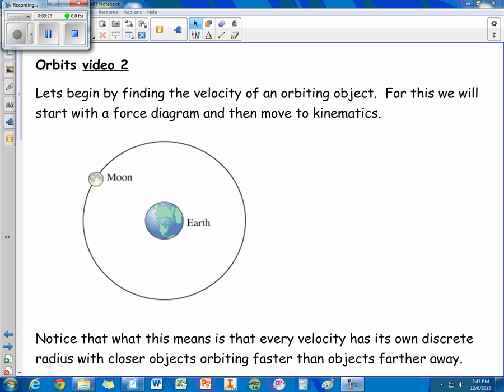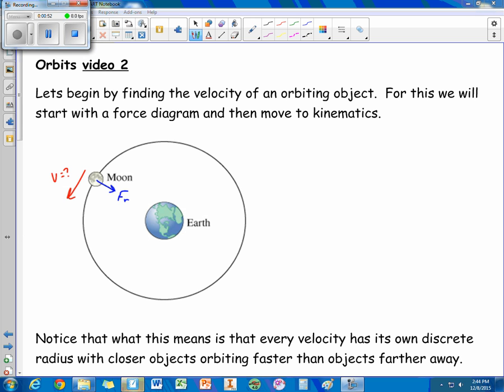All right, so let's begin by trying to calculate the velocity of an orbiting object. What I want to know is this linear or tangential velocity. Well, if I were to take a look at a force diagram for the moon or a satellite or anything in orbit, I would see that there is this radial force that is causing circular motion.